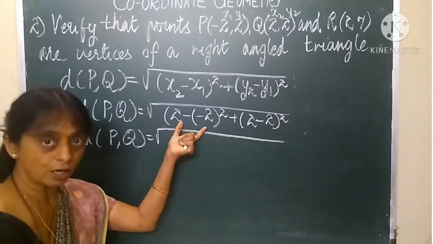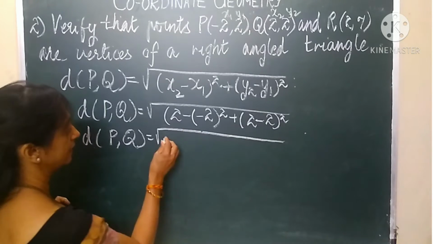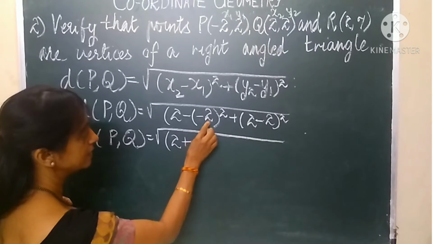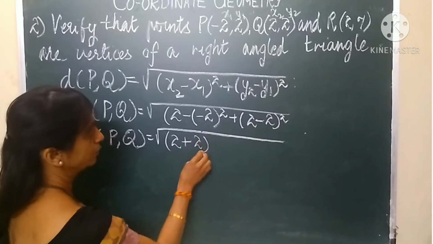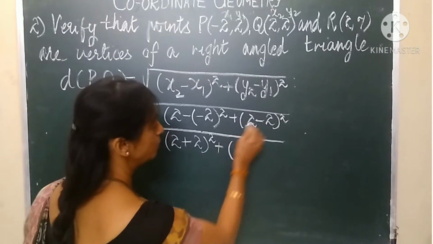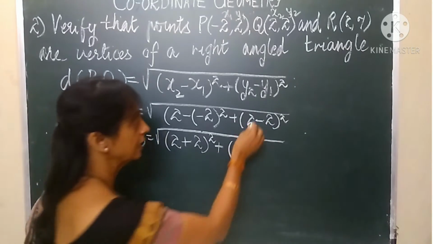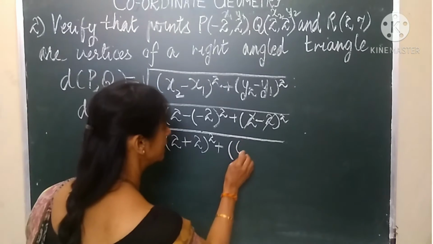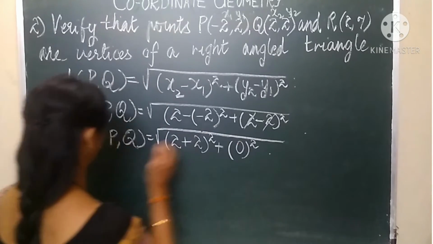Thus distance PQ is equal to, now here let's solve the terms inside the bracket. 2 minus into minus gives us plus 2, the whole square, plus 2 minus 2, definitely you can cancel, it is 0. So we get over here only 0 square.